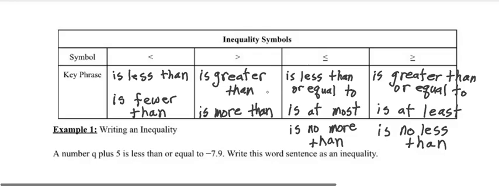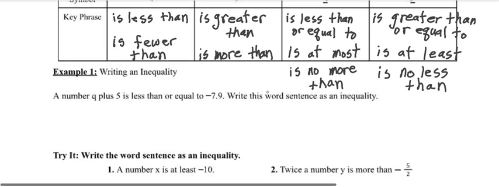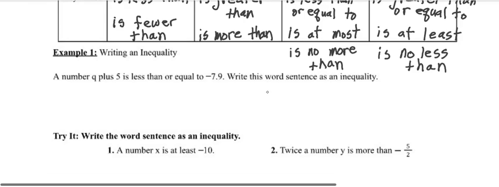Okay. So on example 1 here, we're going to write our inequality. A number Q plus 5 is less than or equal to negative 7.9. Write this word sentence as an inequality.